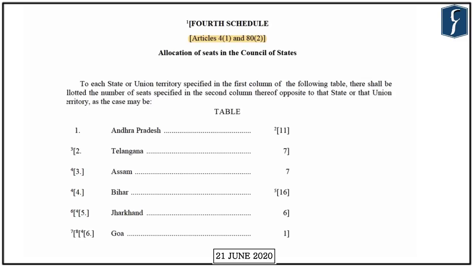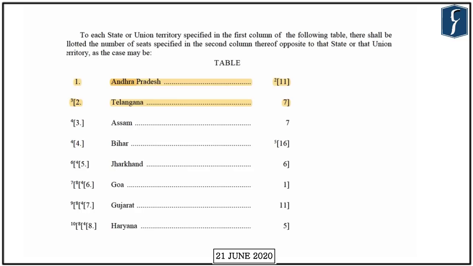And here, if you focus on 4th schedule, the names of the states have been written on the left side, whereas the seats allocated to them have been written on the right side. And if you focus on item 1 and 2, they are Andhra Pradesh and Telangana, which were earlier a single state, Andhra Pradesh. Later on, when it was bifurcated, due to the provisions of Article 4.1, it led to the changes in the 4th schedule, which is the representation in Rajya Sabha as well.